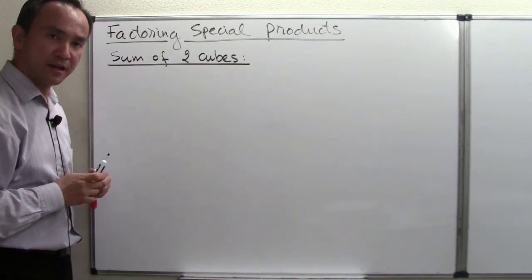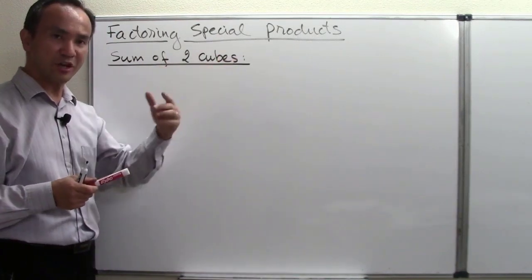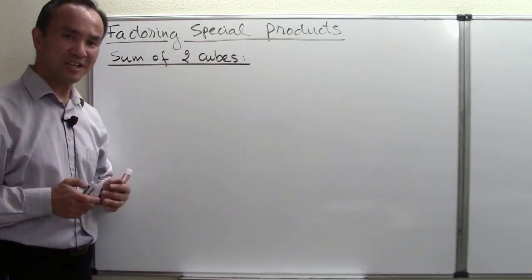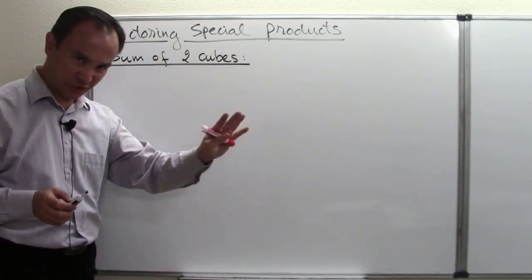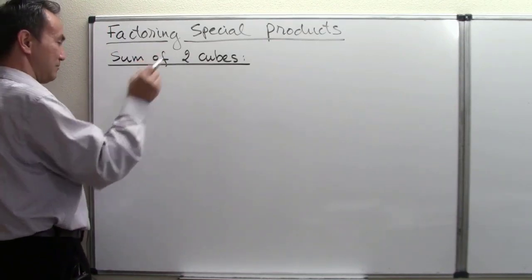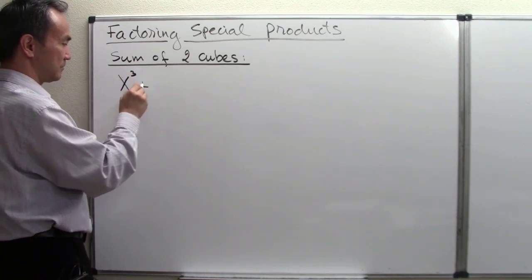All right, so now let's look at the sum of two cubes. The last one among the required special products that we need to learn right here, the sum of two cubes. Similar to the difference of two cubes that we have learned earlier, let me just get straight into the formula. The sum, as it's set right here, has two perfect cubes added together.